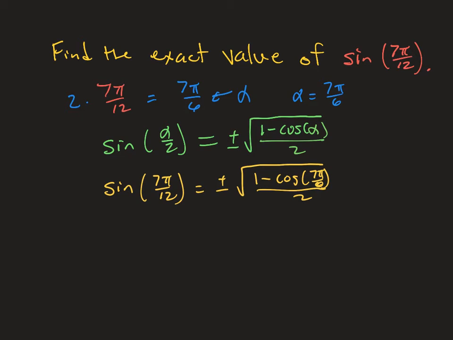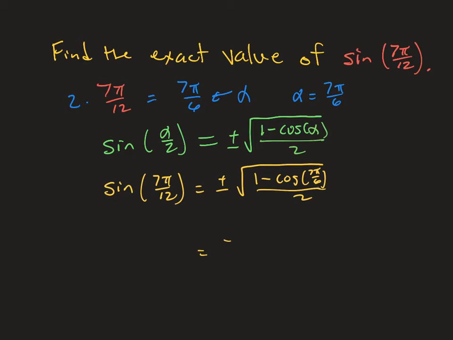I'm going to give it a real quick shot at cleaning this up, and then we're going to move on. So basically what we do is we go to our unit circle and figure out the cosine of 7 pi over 6. There it is. And that happens to be the negative square root of 3 over 2.